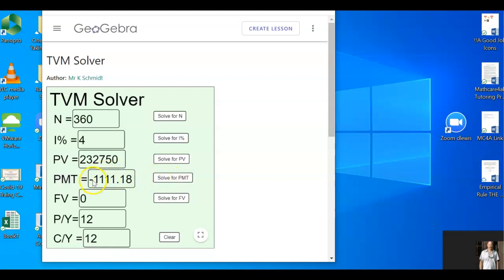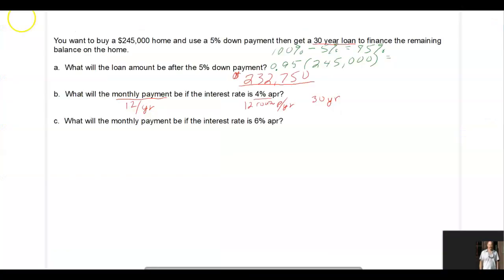It's negative because you have to pay it out: $1,111.18. A lot of ones in that. $1,111.18 per month is our monthly payment.